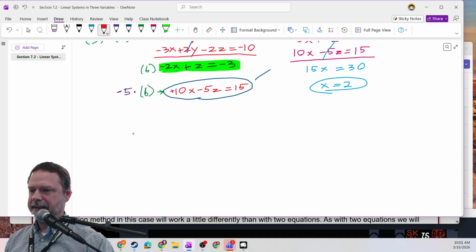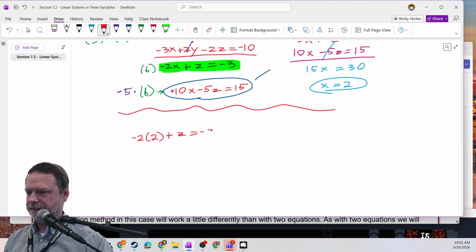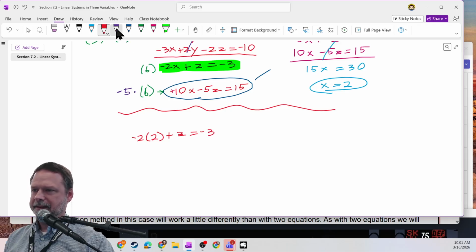And what I'll get is negative 2 times x. Well, x is 2 now. I know x should be 2. Plus z equals negative 3. All right. And let's finish that up. Negative 2 times 2 is negative 4.